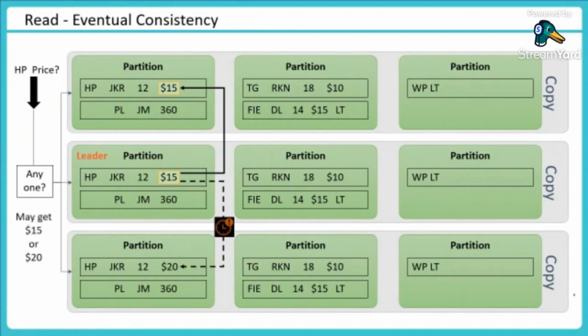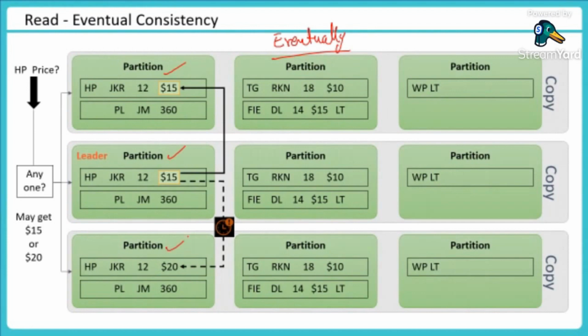But if your request went into copy 3, you will get price of Harry Potter as $20. So what is happening here? For the same request, first time when I requested, I may get $15 and next time I may get $20. What we say here is that this data may eventually become consistent. This is currently having different values available.